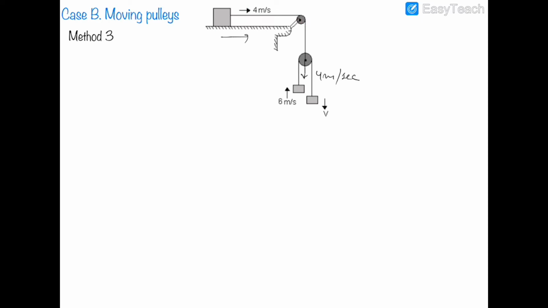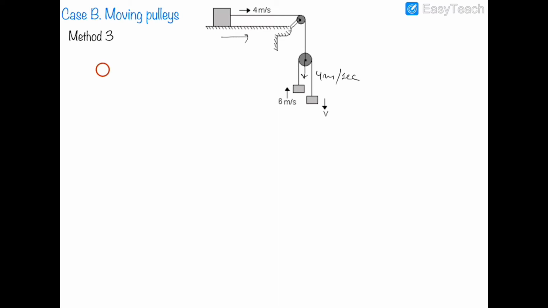So the velocity of this block and this pulley will be the same. This concept is used by us, and we can say that in this method, the average of both the blocks in a moving pulley, I can demonstrate what I am saying.